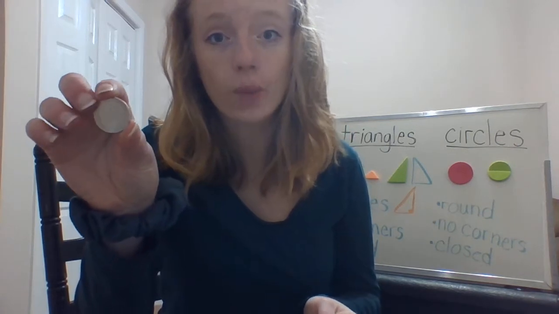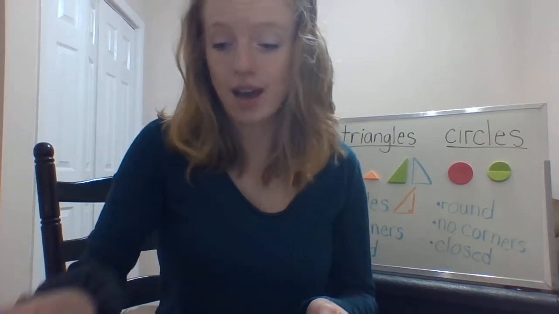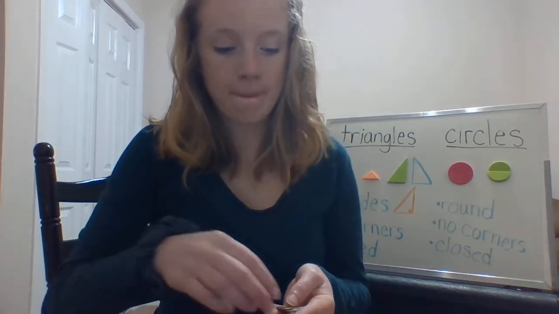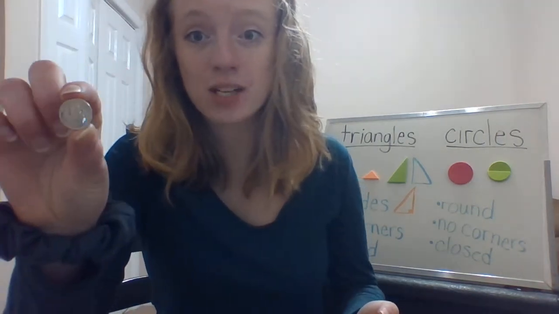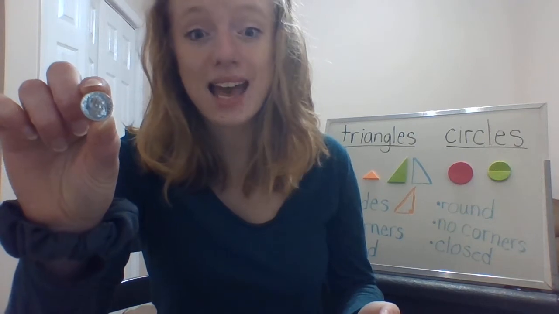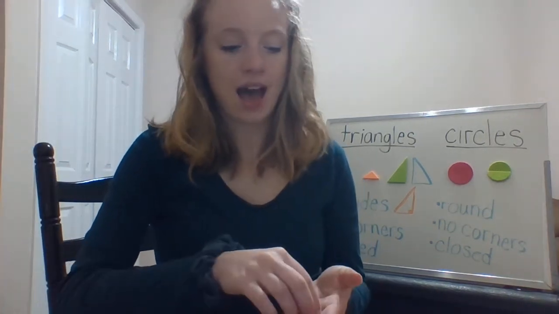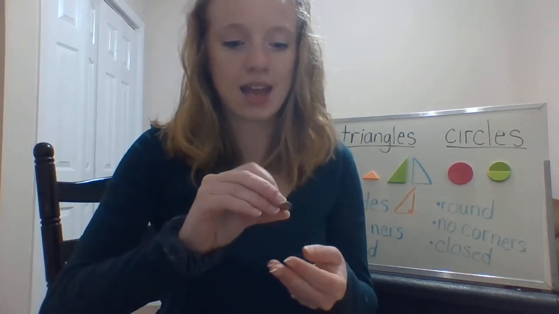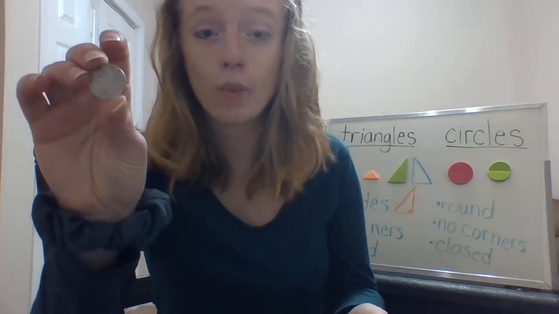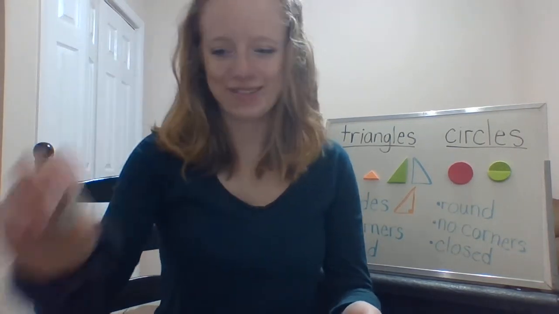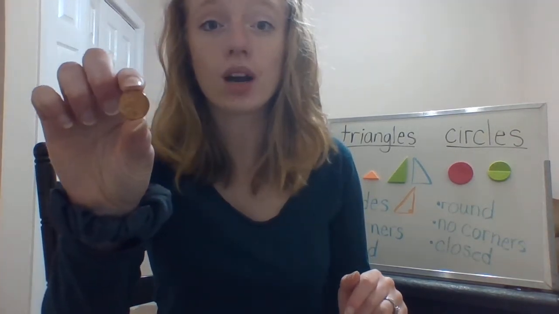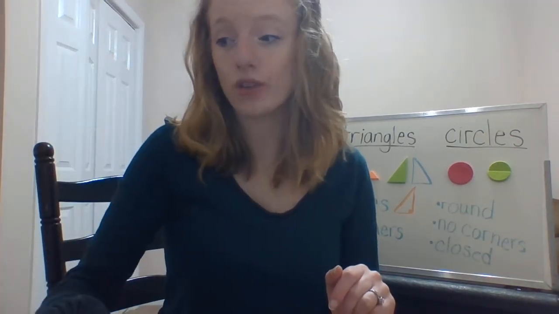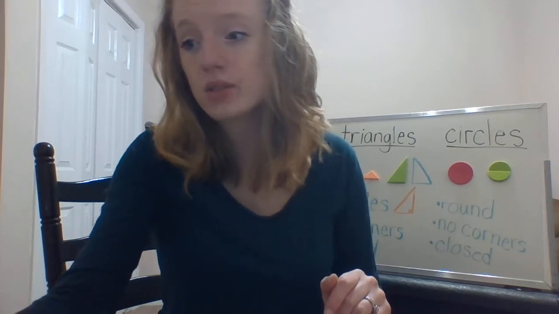How much is a quarter worth? 25 cents. It is a circle. I found a dime. How much is a dime worth? 10 cents. I found a nickel worth 5 cents and a penny worth 1 cent. All of those are circles.